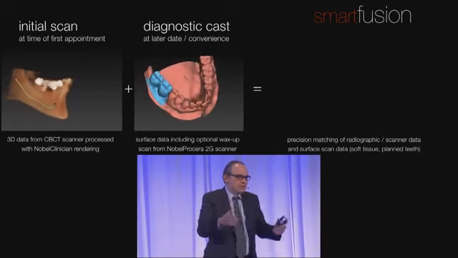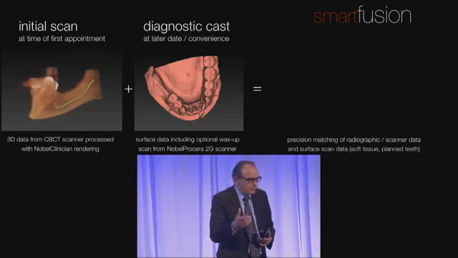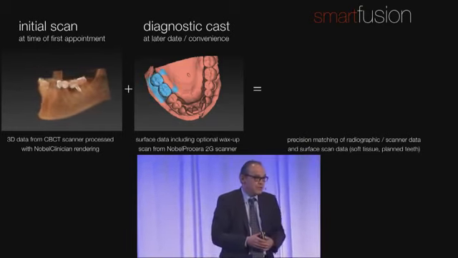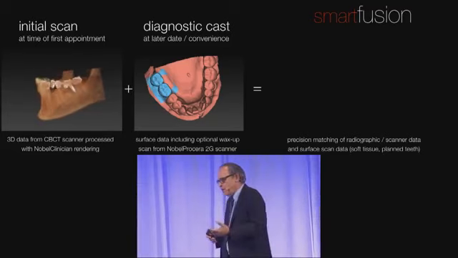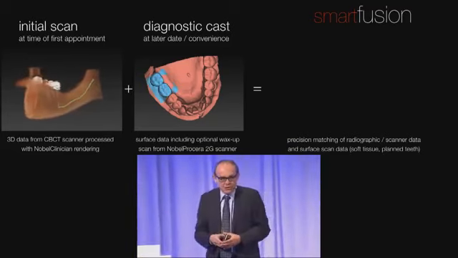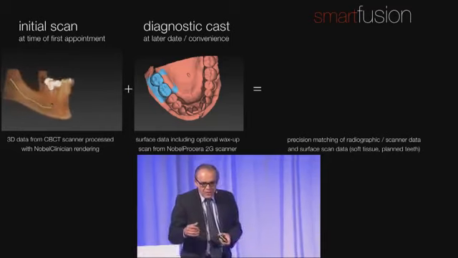And the restorative dentist takes an impression, or the same person takes the impression, and sends it to you in the lab. On that impression, you can pour up the impression, do your diagnostic wax up, and then together with the scanner, you can fuse all of these without any markers.